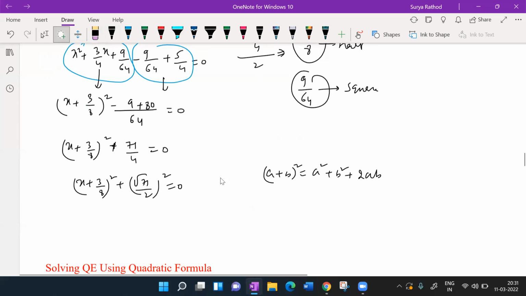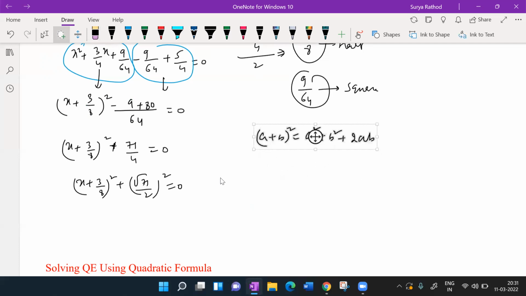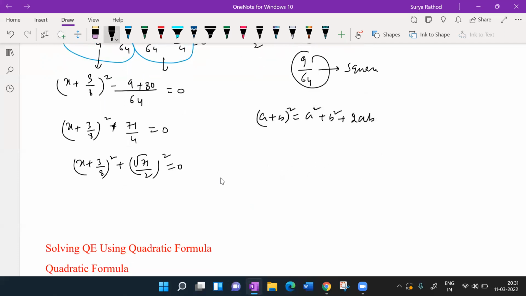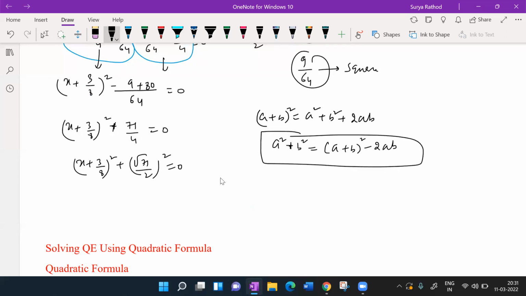Let me show you properly. You might have learned algebraic identities in class 8. I have a square plus b square here. A square plus b square is what? A plus b whole square minus 2ab. Correct? Understood my point? So this is the formula I'm using here. What is a here now?